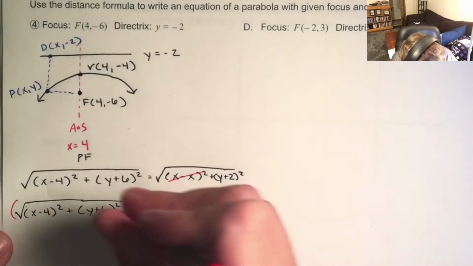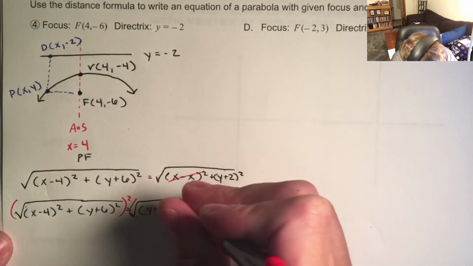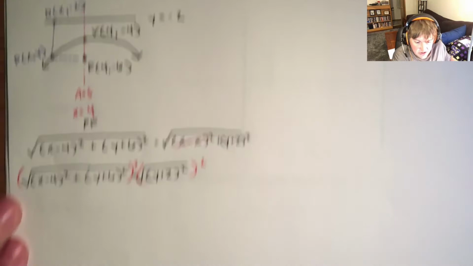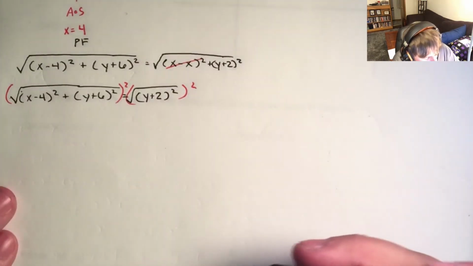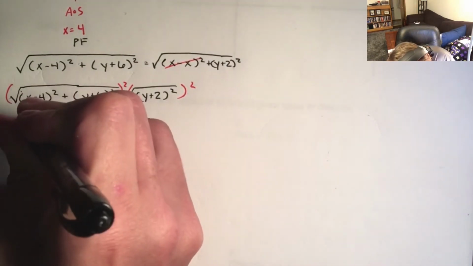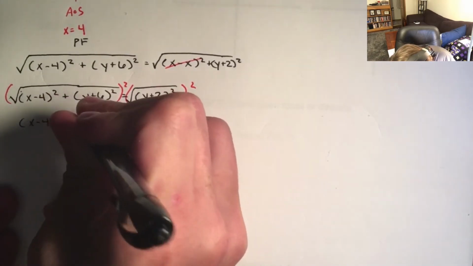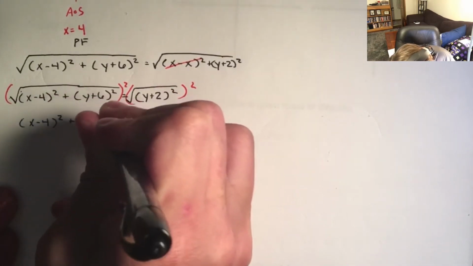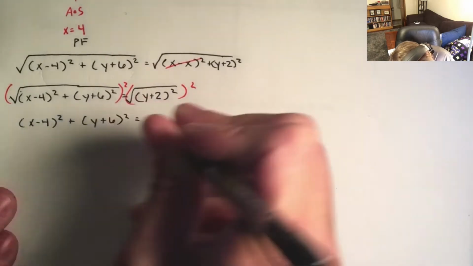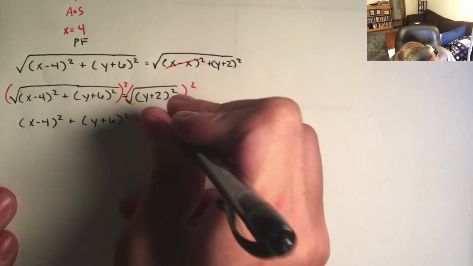Okay, so let's go ahead and square each side. When I square each side, the square root symbol is going to go away. So now I'm just left with x minus 4 squared plus y plus 6 squared is equal to y plus 2 squared.